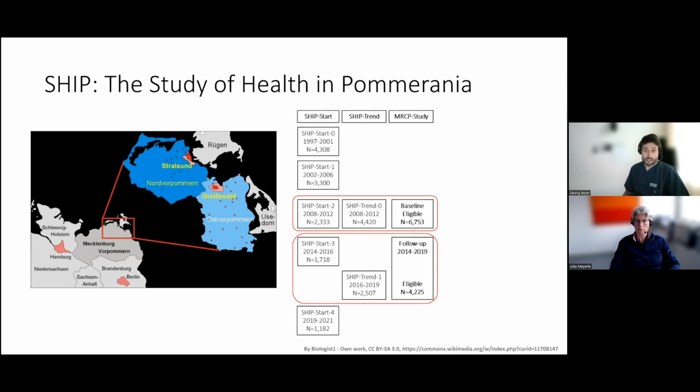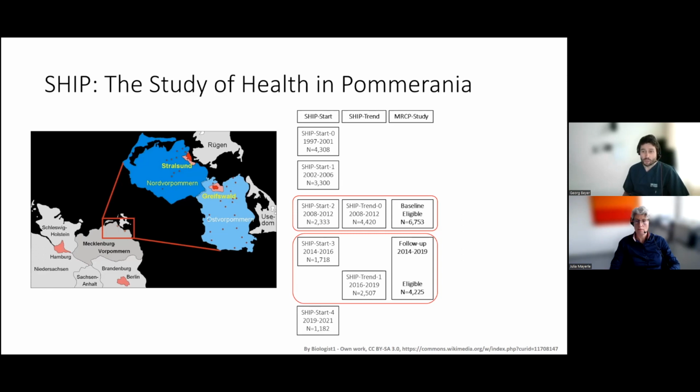In 2008, whole body MRI was first introduced, and at the same time in 2008, a second cohort called SHIP Trend, as you can see in the diagram, was recruited as well. Both cohorts, SHIP Start 2 and SHIP Trend, are the baseline cohorts for the study that we are presenting today.